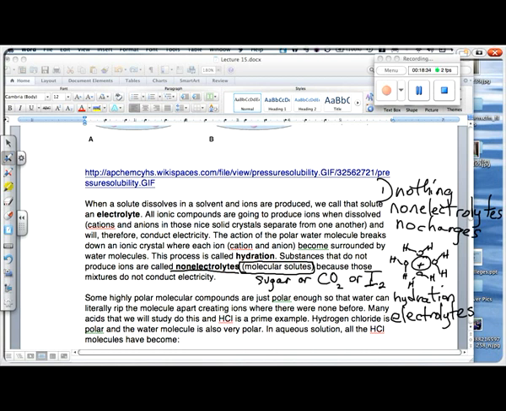And that's the whole basis of how we put those ionic compounds together. All right, so ionic compounds are electrolytes. Some highly polar molecular compounds are just polar enough, and they also produce charged particles.